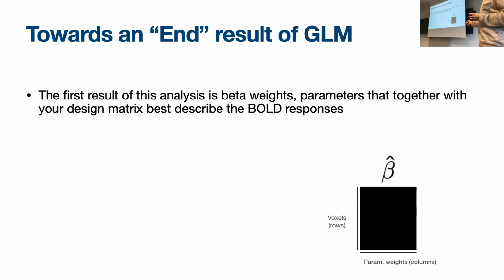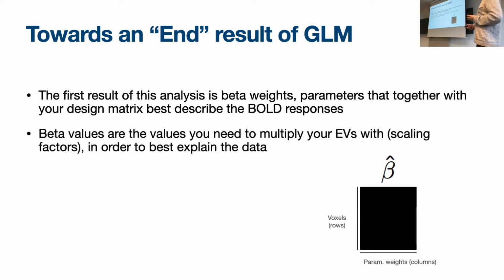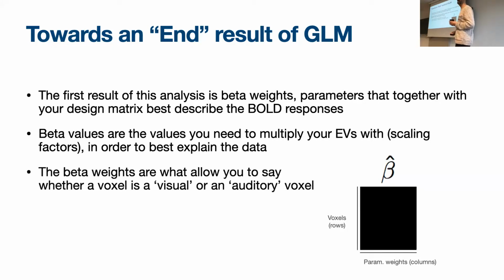So what this gives us is for every voxel, a set of parameter weights. Now, like I just said, each of these parameter weights can be multiplied by the explanatory variables, and thereby reconstitute the part of the signal that we understand, or y hat, as you will find it in the notebooks. So, of course, these beta weights that we find here are then going to tell us whether a voxel is visual or auditory.